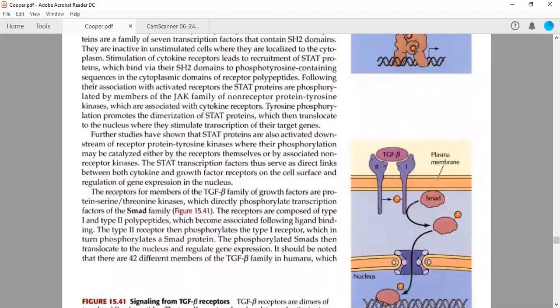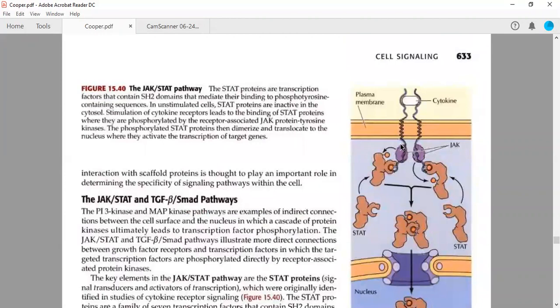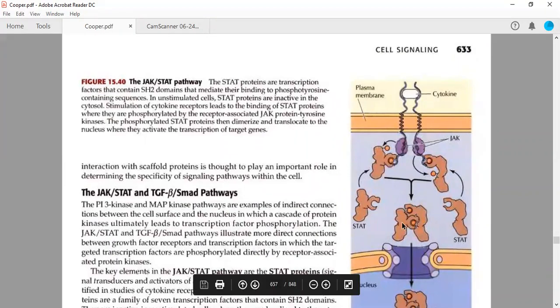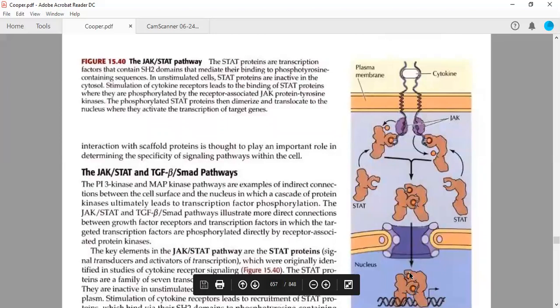So, for example, there is only a single step. These are non-receptor tyrosine kinases because they do not have these red color catalytic domains. So they will directly phosphorylate and activate STAT proteins, and there are no intermediary proteins. These STAT proteins will translocate directly inside your nucleus and will be activated.